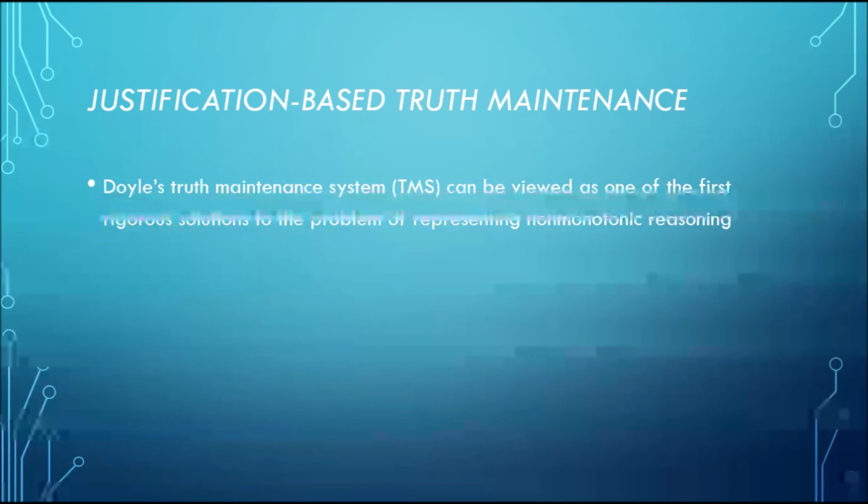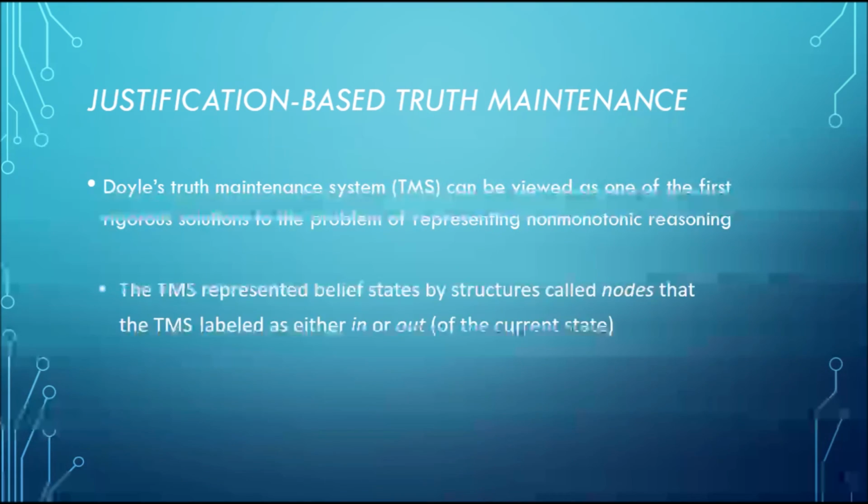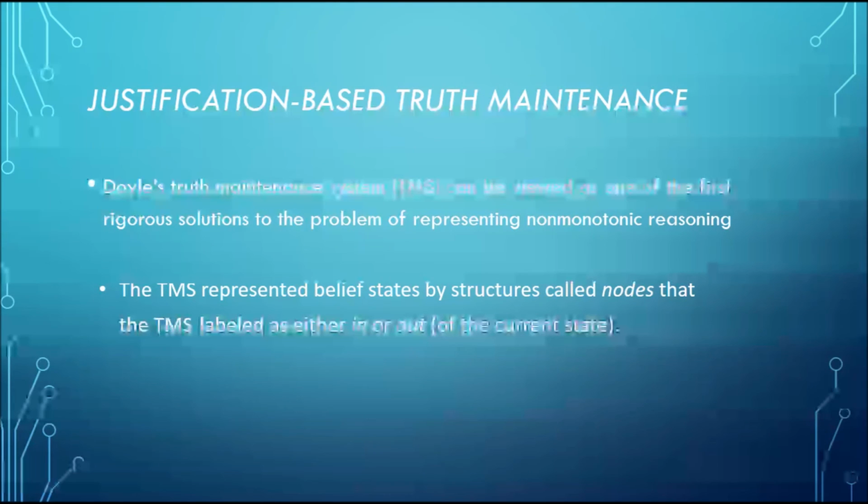The idea of the TMS was to keep track of the support of beliefs and to use the record of this support dependency when it's necessary to revise the belief. In a TMS, part of the support for a belief can consist in the absence of other beliefs.